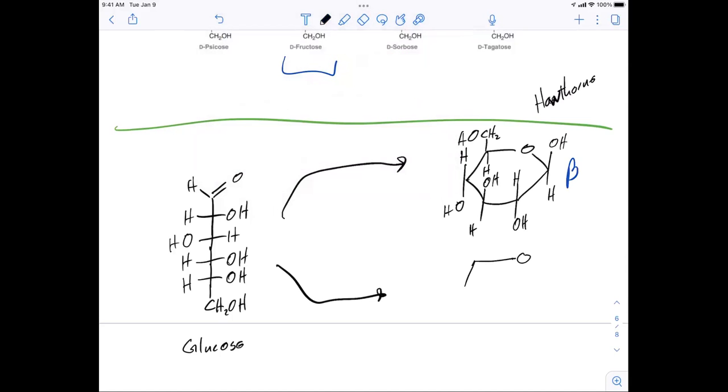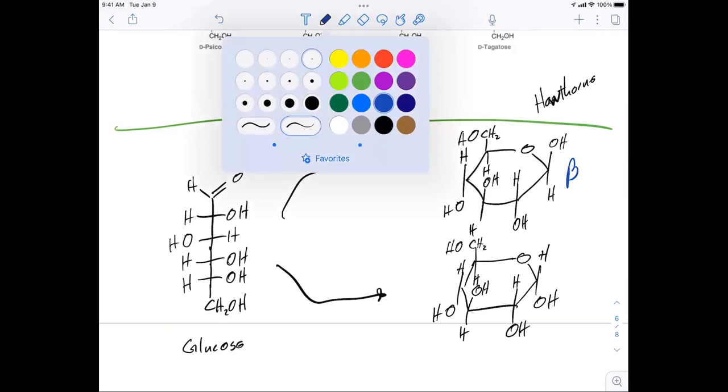And then do the same thing on the bottom. Okay, and this is going to be my alpha.